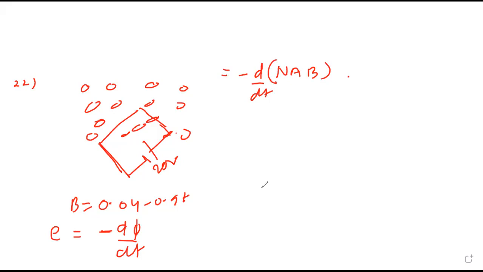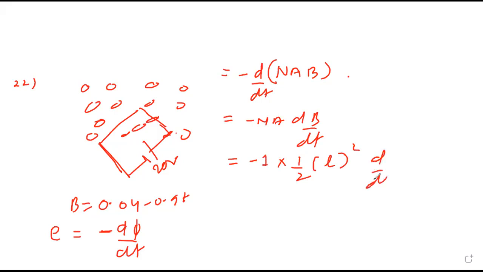Perpendicular means area vector and field are in the same direction, so that angle is 0. N A dB by dt is the EMF. N is 1, area is half of the side square, and dB by dt is 0.04 minus 0.9t derivative.